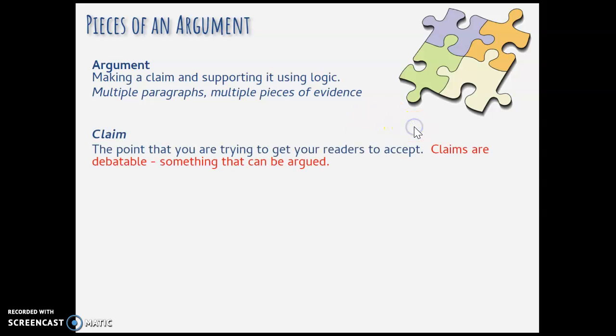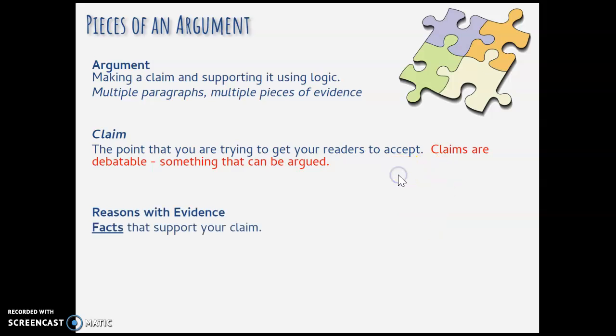Then we have our claim. So this is the answer to our question, what we think is the point we're trying to get across. So claim is debatable, something that can be argued. It's not going to be, oh, this is a fact that everybody agrees with. So like, grass is green. That's not going to be something that is debatable.